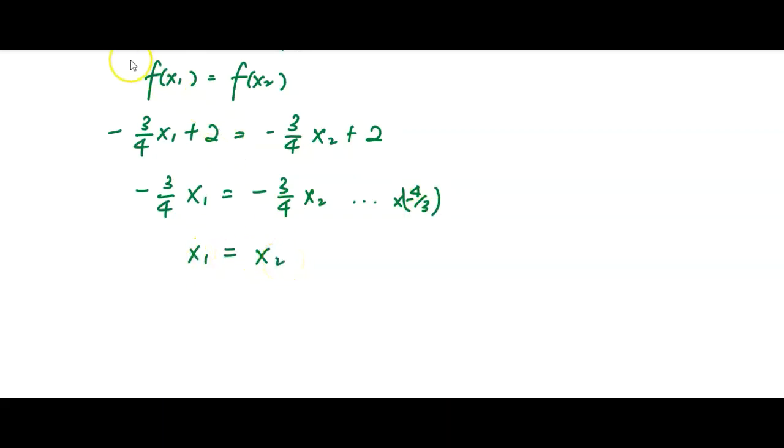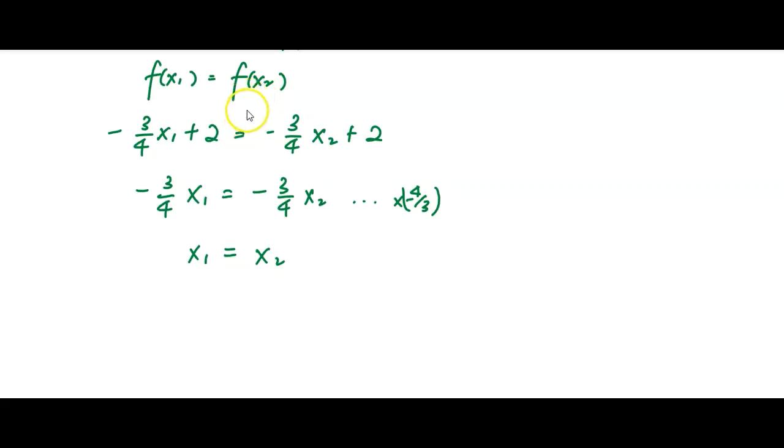So since f(x1) equals f(x2) implies x1 equals x2, it means that there is only one value of x bringing to one value of y. At the first step, we made the assumption that the value of y for x1 and the value of y for x2 are equal, meaning there is only one value of y.